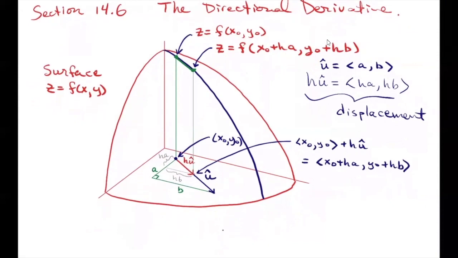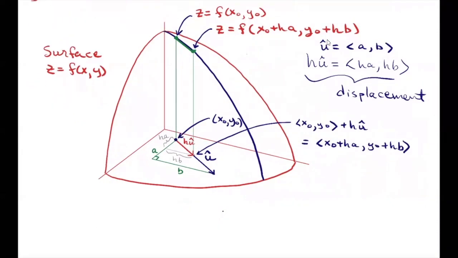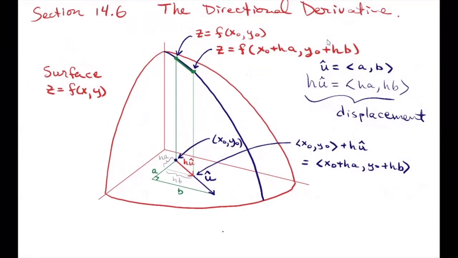Okay, so I'm trying to find the slope of that green displacement or that green secant line that I drew up there.